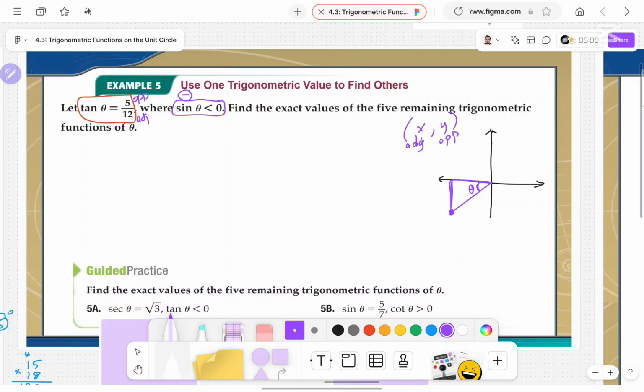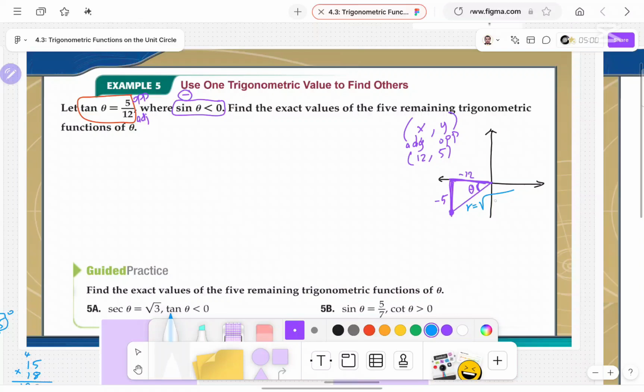Now adjacent is 12 here. X is adjacent, which is 12, and opposite is y, which is 5. So now adjacent is this one here, so negative 12, and the opposite is negative 5. Now let's find r.